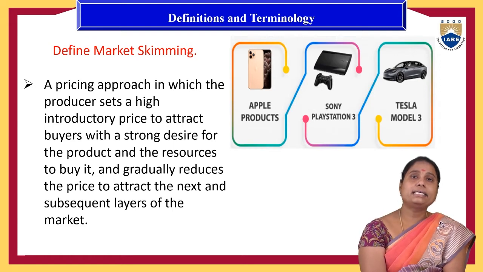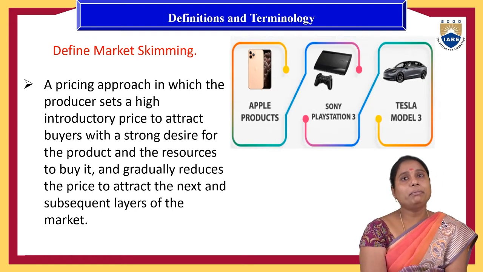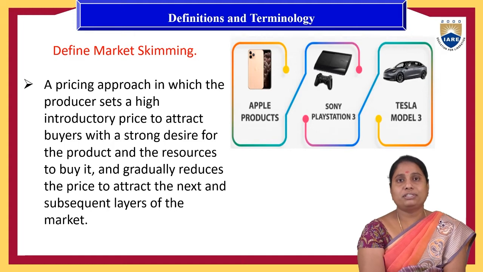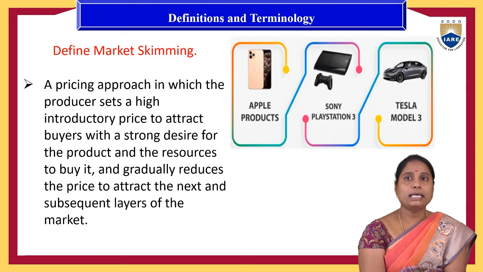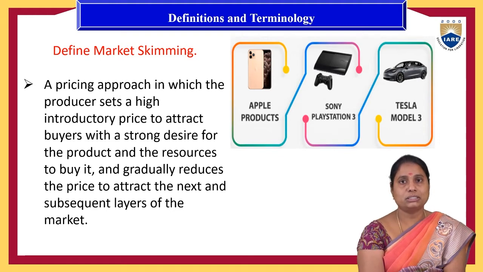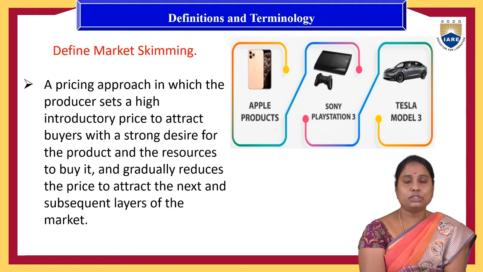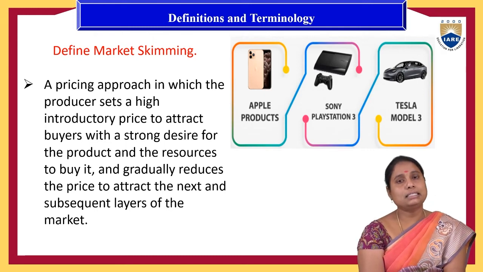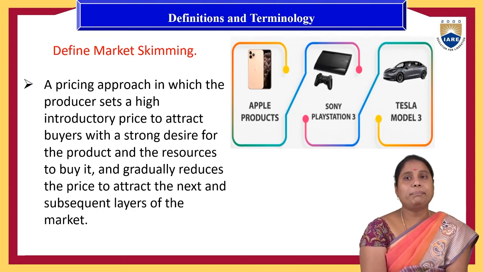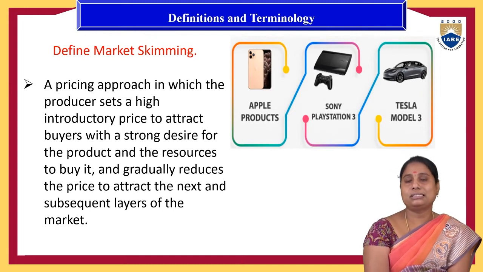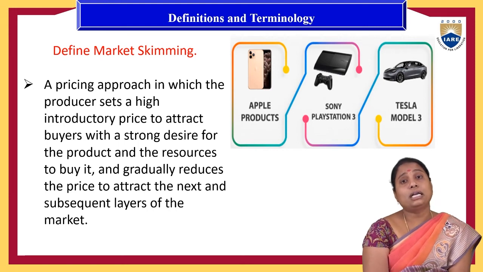Then market skimming. Skimming means that while fixing a product price, generally they will fix high prices at the initial stages, and when it grabs the attention of the customers, then slowly they reduce the prices. That is called market skimming. So here, Apple products, Sony PlayStations, Tesla models, etc. are all high-end, highly demanded and luxury products.